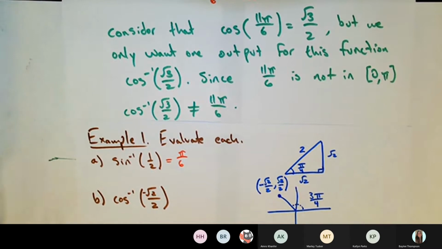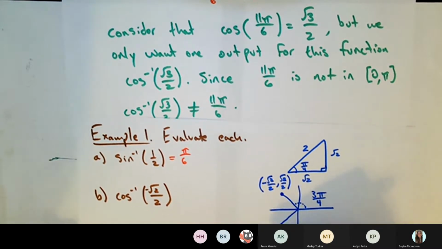If you've got your unit circle, then this point should be easy to find. You're looking for an x value that looks like this input. If you like to use the unit circle for this one, you're looking for a y value that looks like this input. Now, you will find more than one.